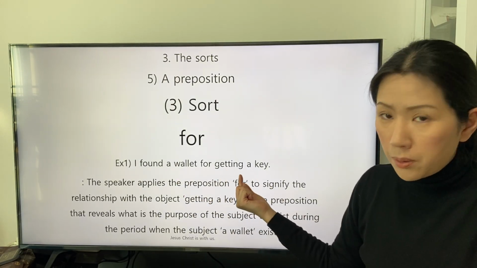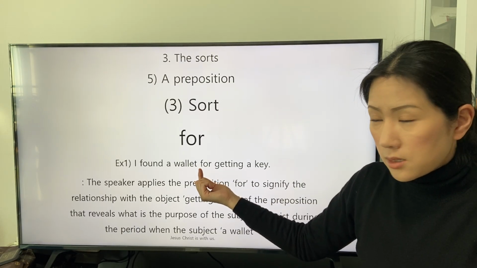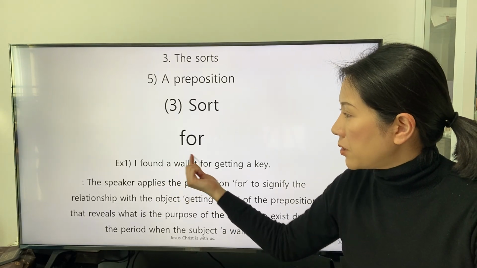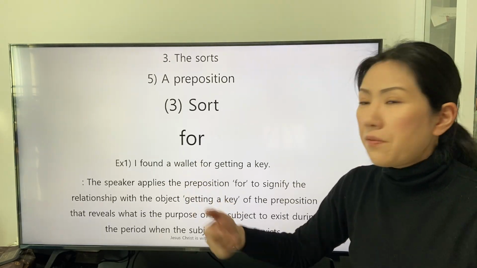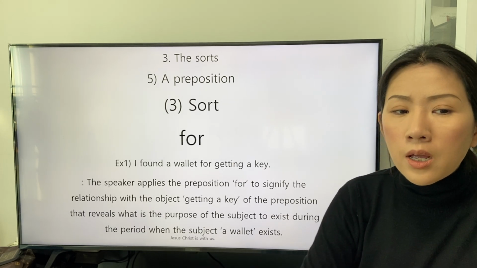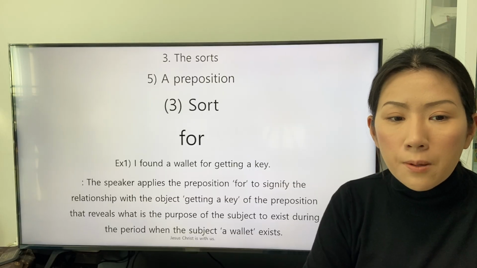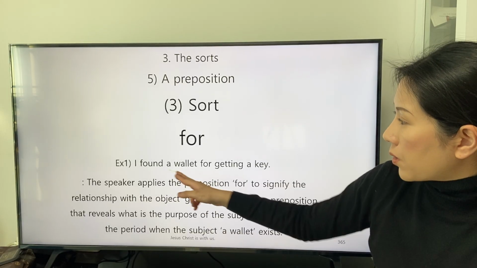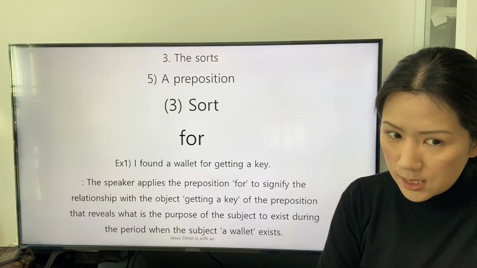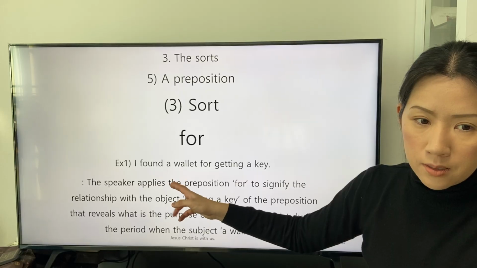That is the purpose of the existence that the subject of the preposition for, a wallet, reveals. Of the preposition for that reveals what is the purpose of the subject, a wallet, to exist during the period when the subject a wallet exists.